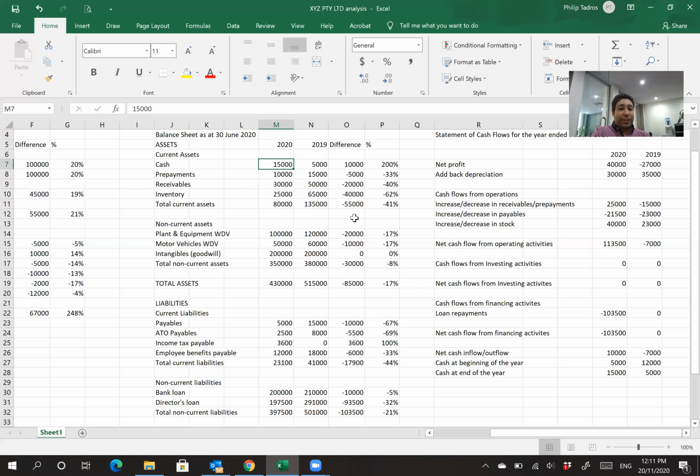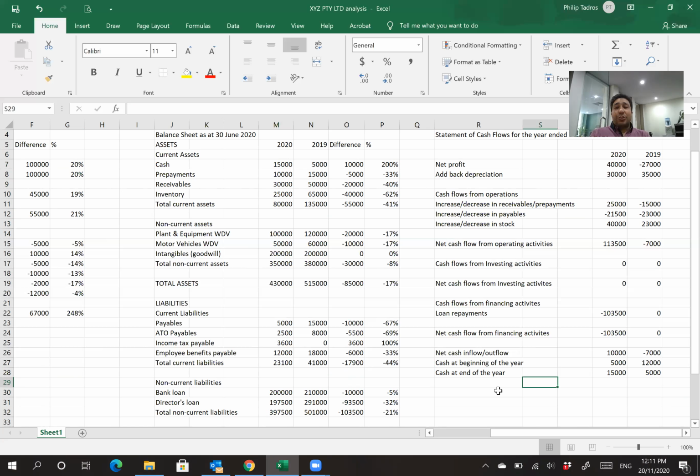If all your calculations are correct, you should arrive at the same figure. So that's basically the statement of cash flows. It tells the business and also the business owner how you moved from $5,000 in 2019 to $15,000 in 2020.